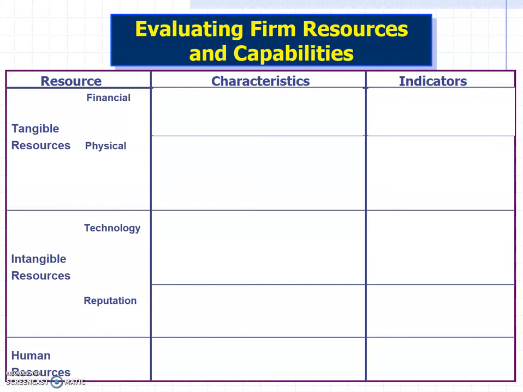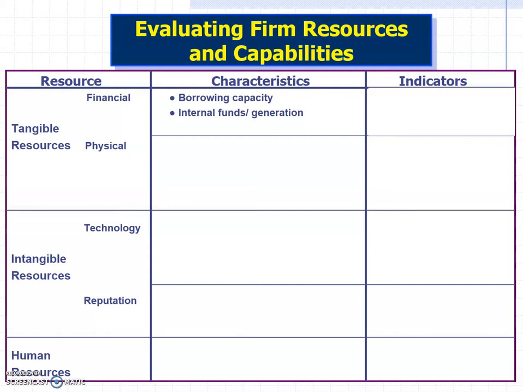Well, now we can also look at their various characteristics and then show indicators or ways of measuring that particular resource, and then use the VRIO framework to determine whether or not it's going to lead to a sustainable competitive advantage. So, for example, with tangible resources, we can say financial and physical resources.